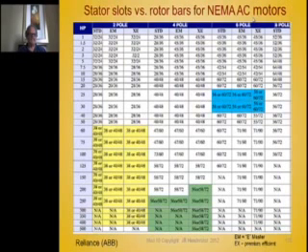Here's a list of NEMA AC induction motors that were all originally designed for grid power, and you'll notice that they're listed by horsepower and number of poles, and then the stator slot and rotor bar number combinations are listed there for your information. Notice that some of these are high efficiency and premium efficiency motors. As efficiency went up, they changed some of these, not all of them, but some. You can study those. It's interesting.